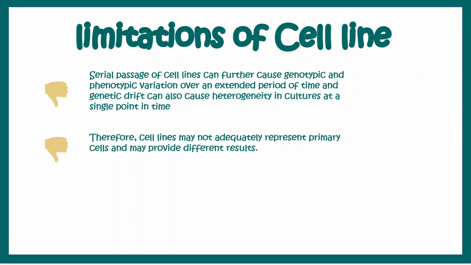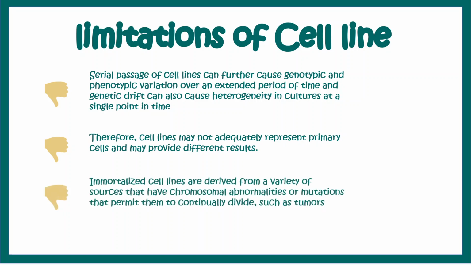Cell lines never recapitulate the entire property of a primary culture. It recapitulates only certain aspects. Immortalized cell lines might have different chromosomal abnormalities, aberrations, and mutations. So they do not permit studying several biological processes, and we have to be very careful when we think and design our experiments using these cell lines.